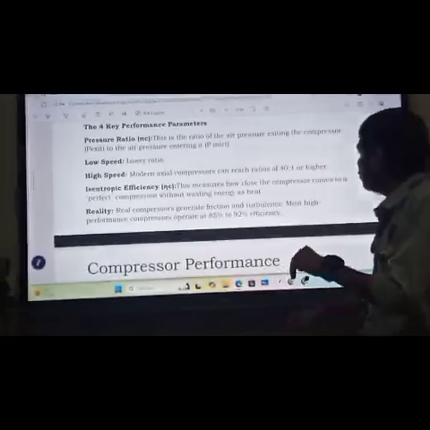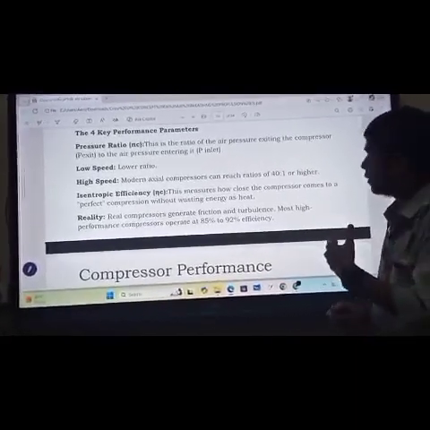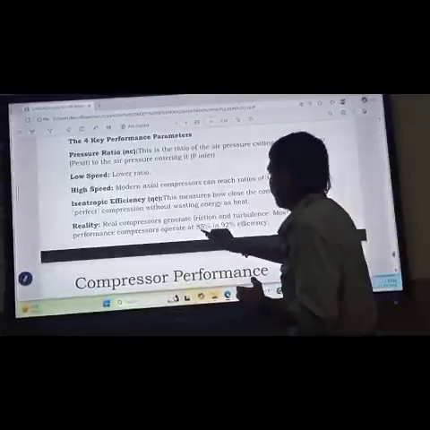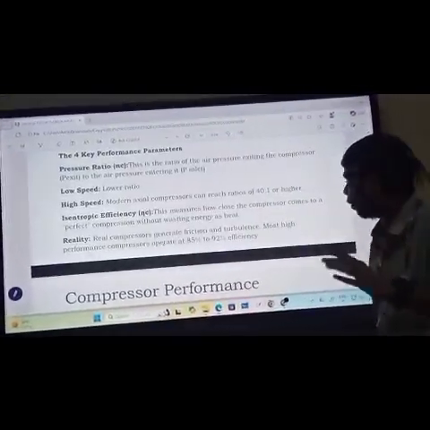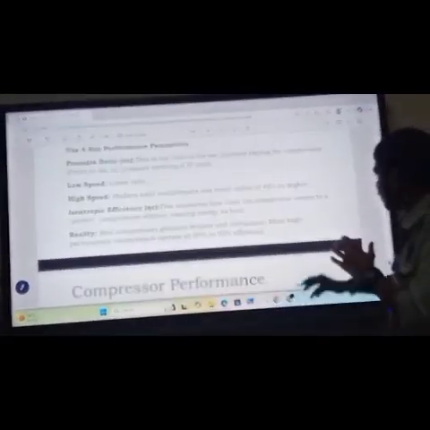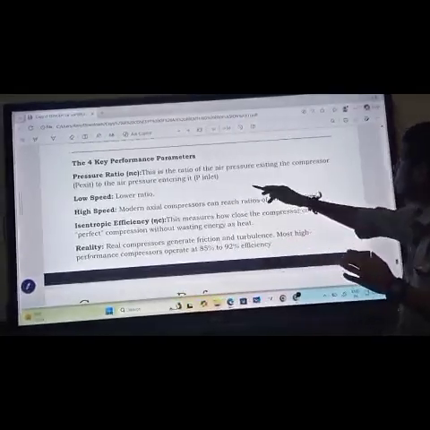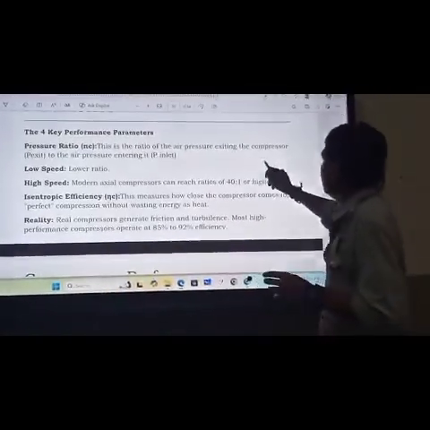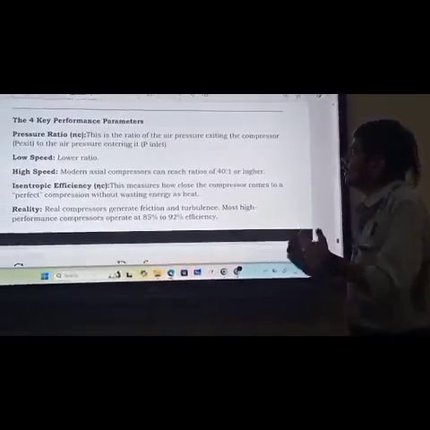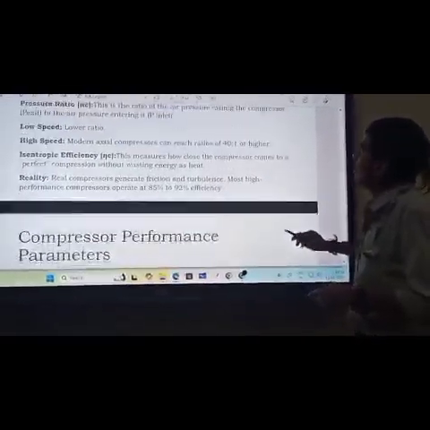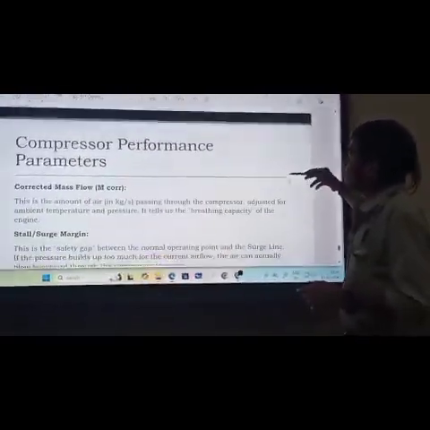In reality, real compressors have friction and turbulence. Most high-performance compressors operate at 85% to 92% efficiency. The pressure ratio is the ratio of the air pressure exiting the compressor to the air pressure at the inlet.